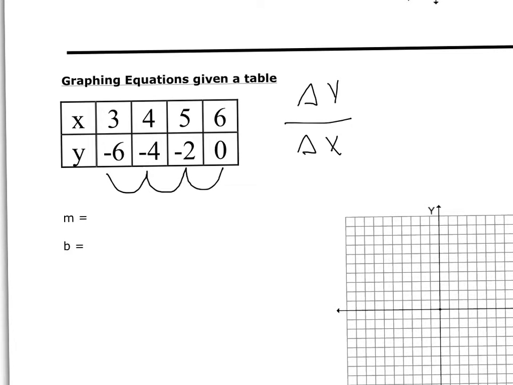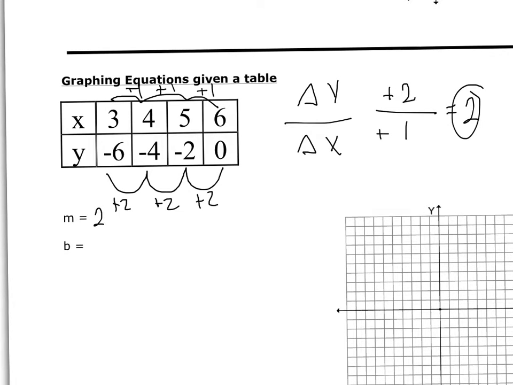Well, it looks like you are adding 2 each time. Okay, so we can go ahead and plug that in our formula, and then we just have to figure out what the change in x is, and well, that's easy. Every time it's just adding 1. Okay, so if we take 2 divided by 1, that will give us a slope of 2.